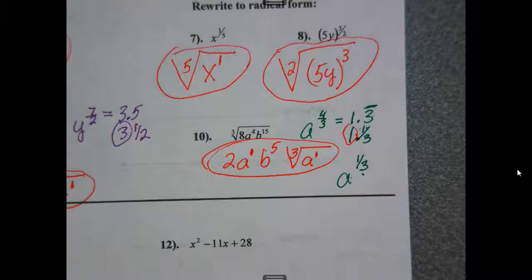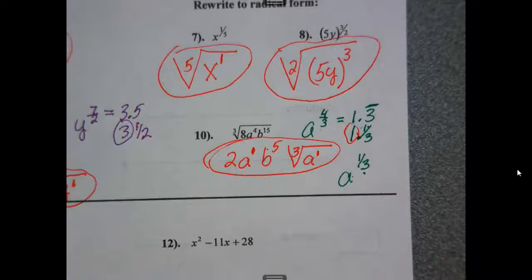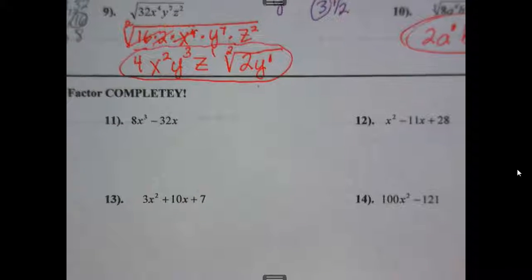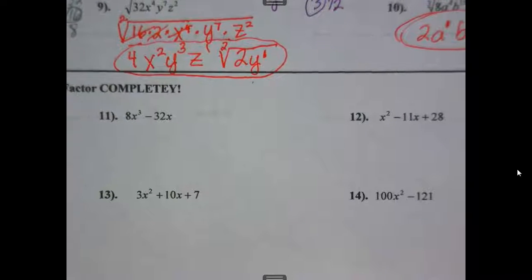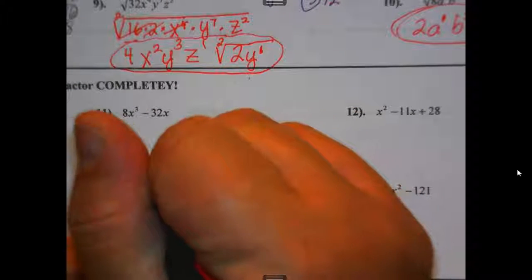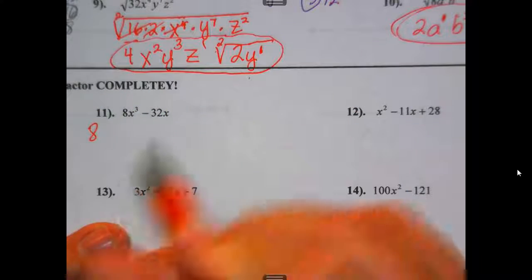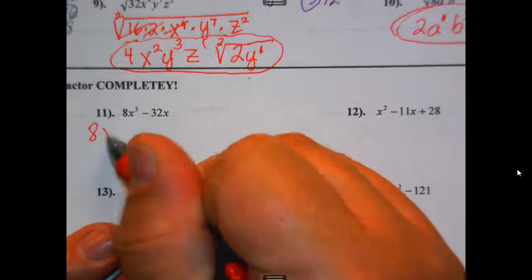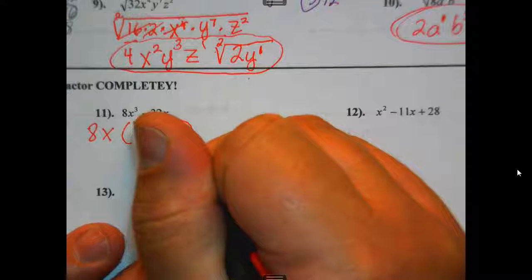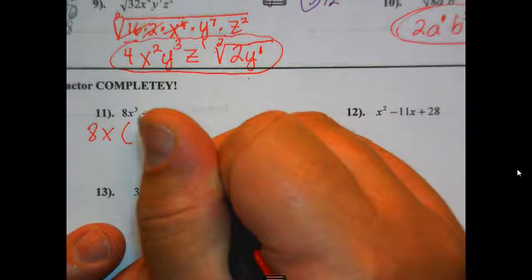All right, we got to go on, guys. Let's do the factoring at least. Okay, what's the first thing I do before I factor? Common factor, right? What's the common factor here? 8 and how many x's can I take out? 1. What's 8x cubed divided by 8x?